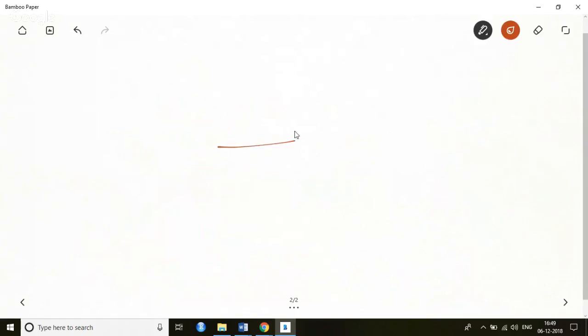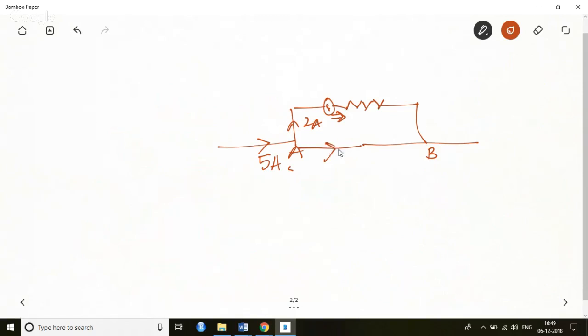So suppose here I have put my galvanometer and I have put this resistance, and I have to measure voltage between these two points A and B. Now suppose 5 ampere current is going here, and if resistance is very small here, what will happen? Suppose 2 ampere current goes here. So in the circuit only 3 ampere current would be left out.